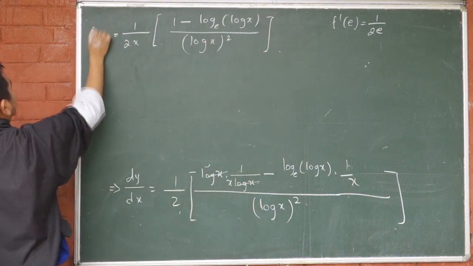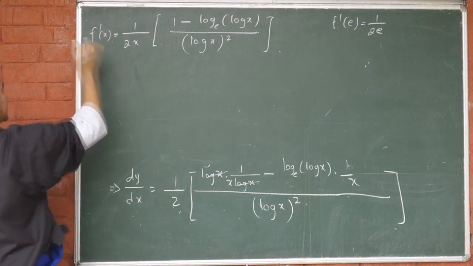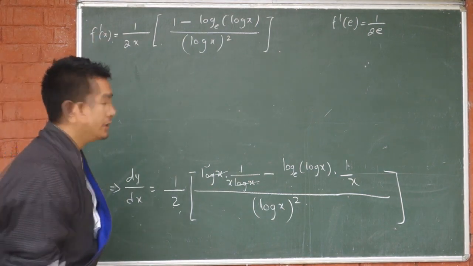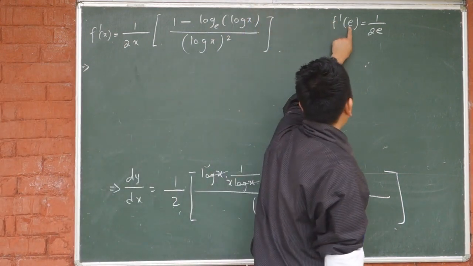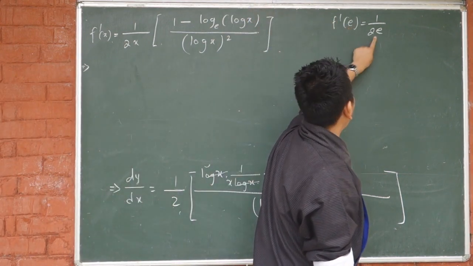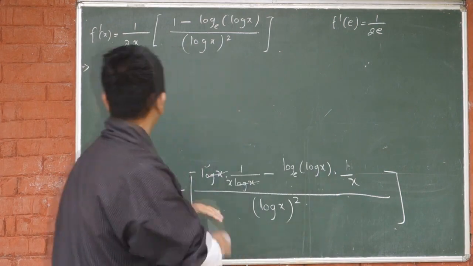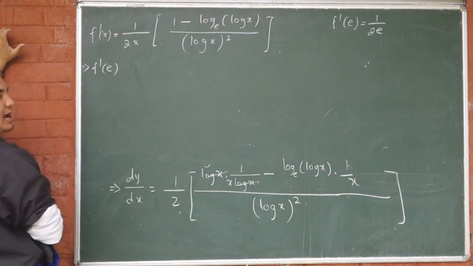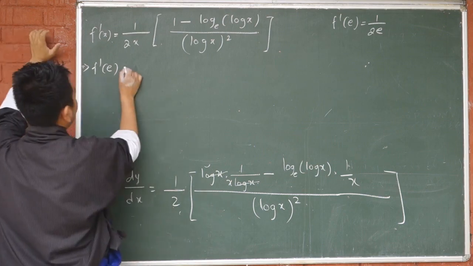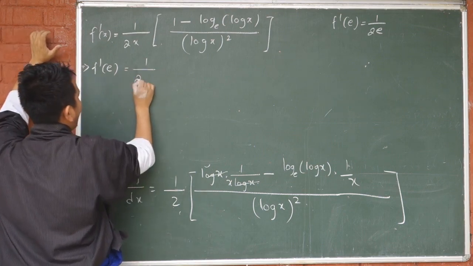This is nothing but f dash of x. Is that okay? Now we need to prove that for the input value of x equal to e, it is equal to 1 by 2e. For that, f dash of e, substitute e in place of x.